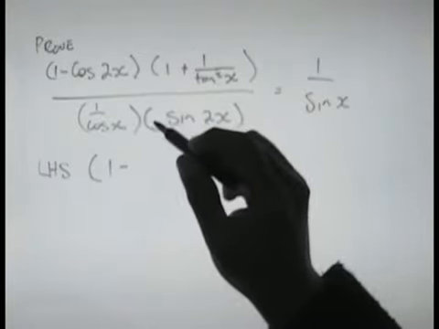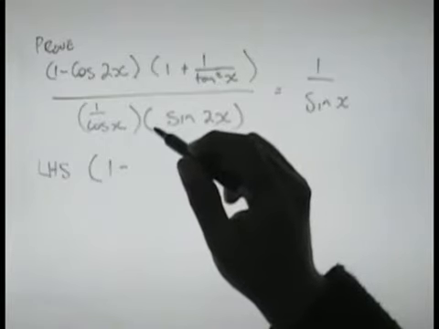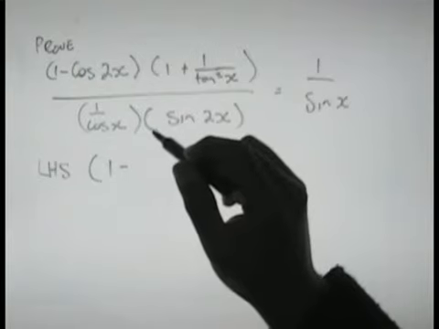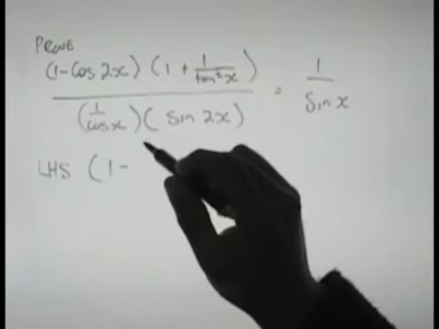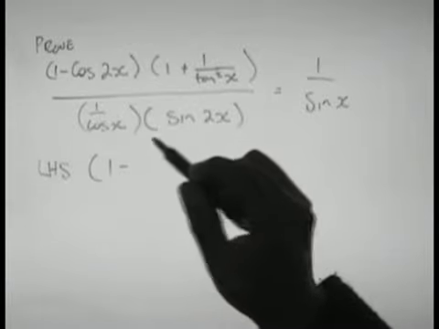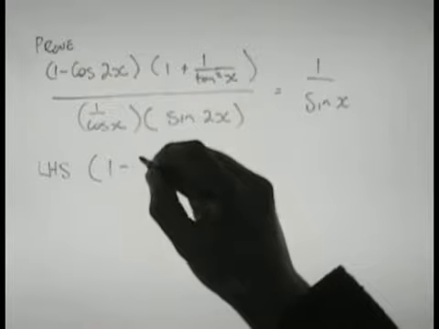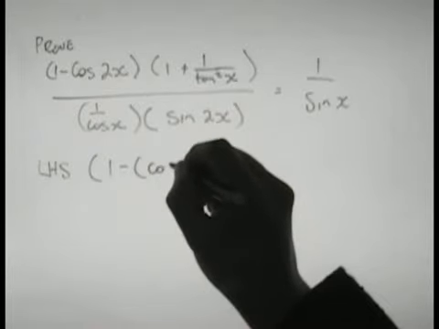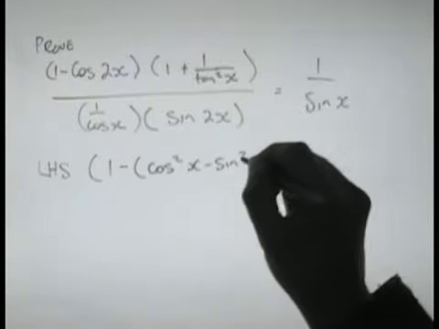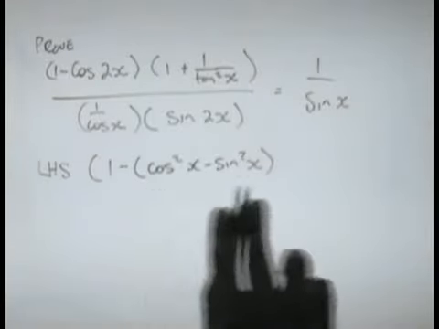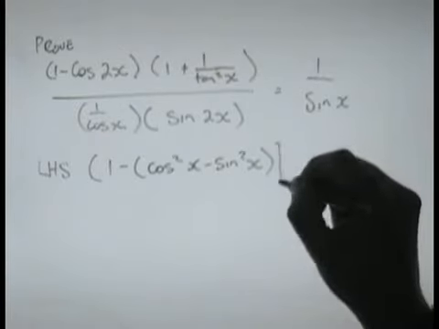The one possibility is cos squared x minus sine squared x. The other possibility is 1 minus 2 sine squared x, or 2 cos squared x minus 1. Although there are three possibilities, I always like to start with cos squared x minus sine squared x, because this one is the easiest to manipulate further, or rather it's the most noticeable.